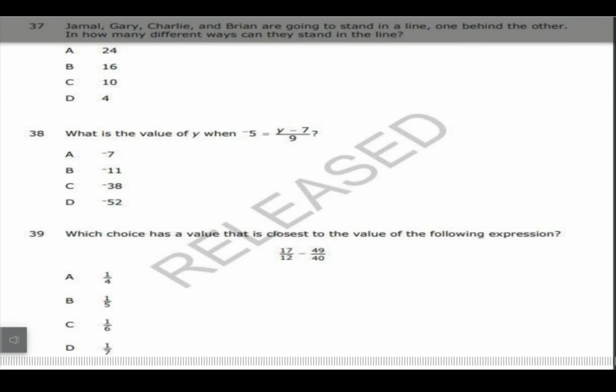For 39, it says, which choice has a value that is closest to the value of the following expression? We do have subtraction here, so we want to get a common denominator for this one. 12 doesn't go into 40, but I know one thing it goes into is 120, because you can times that by 10.